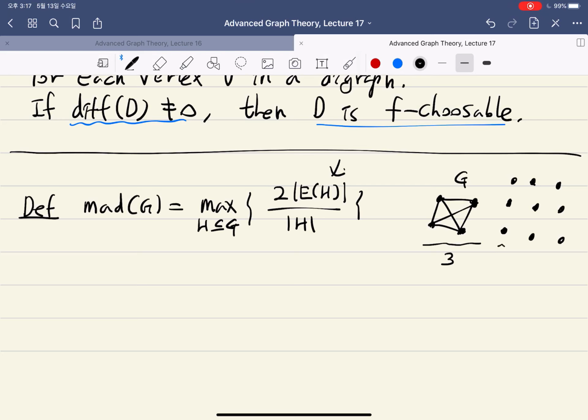But if we add these vertices, the average degree goes down. Now this has 6 edges and then 10 vertices. So the average degree goes down to 12 over 10, so less than 1.